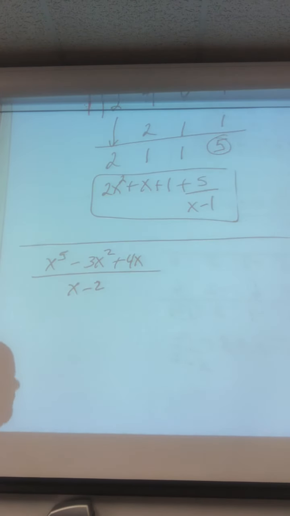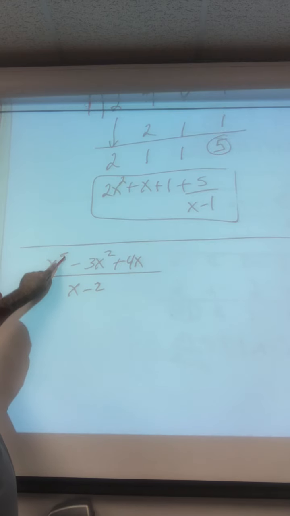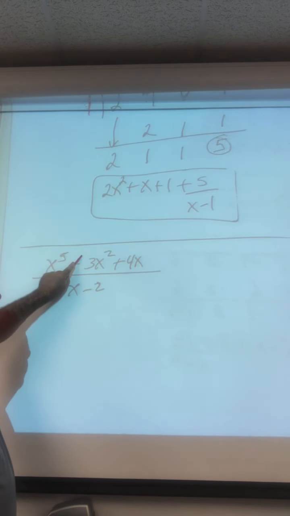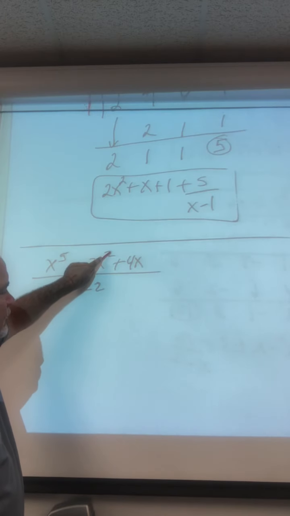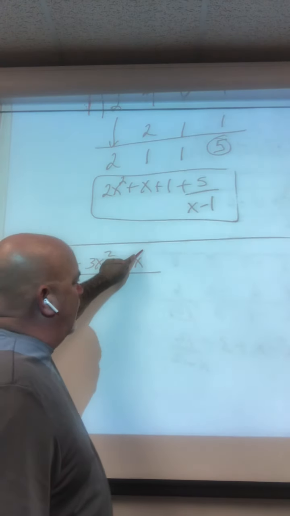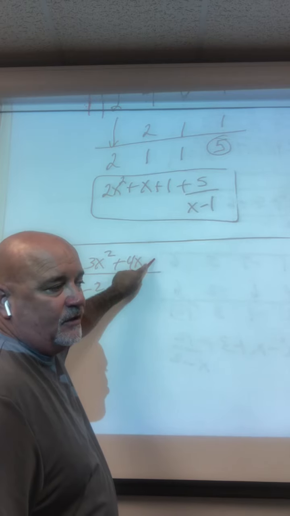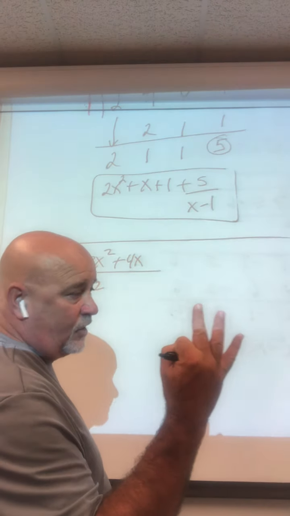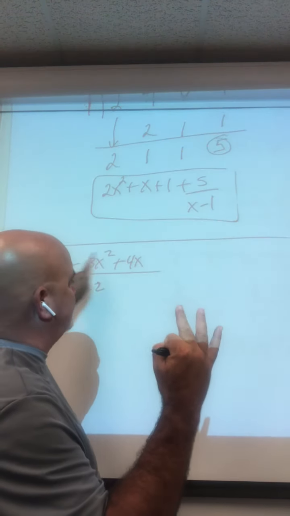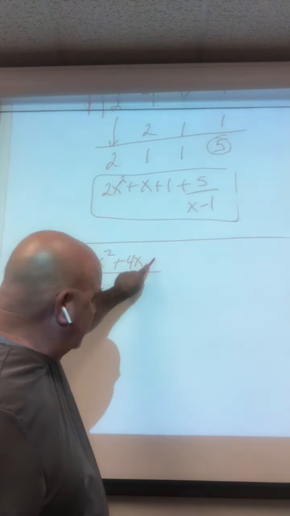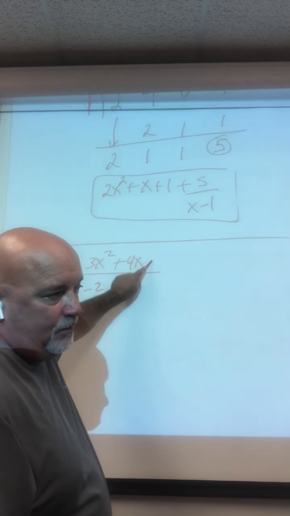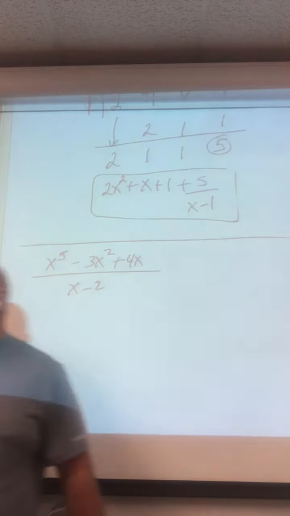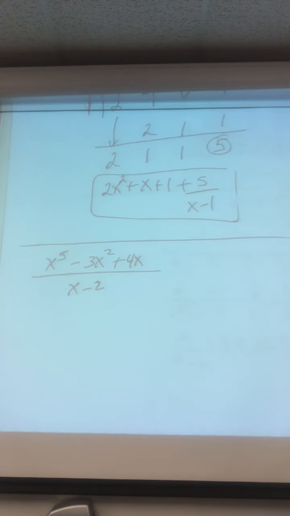Yes, but there's some gaps. x5, you're missing a x4, you're missing a x3. You have a x2, you have a x1, but you don't have a constant. So you're missing 3 terms, a x4, a x3, and a constant. Yes, you have to have a constant on the end up here. So that means you're going to have to put 3 zeros in this problem.